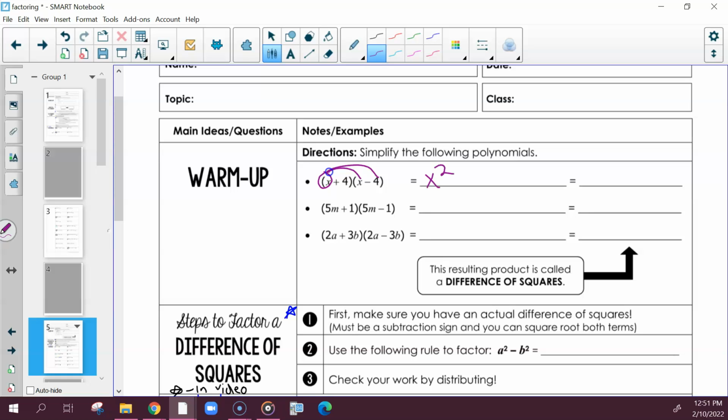And then x times -4 would be -4x. Then I would do the same thing to the others. Take this +4 and multiply it to the x and the -4 again. So this time we would have +4x and -16.